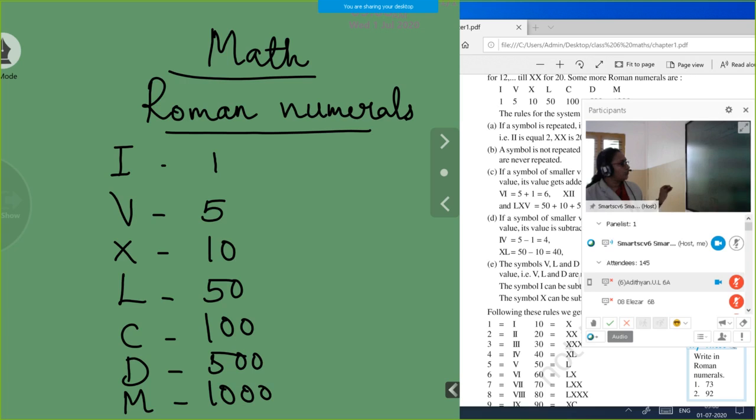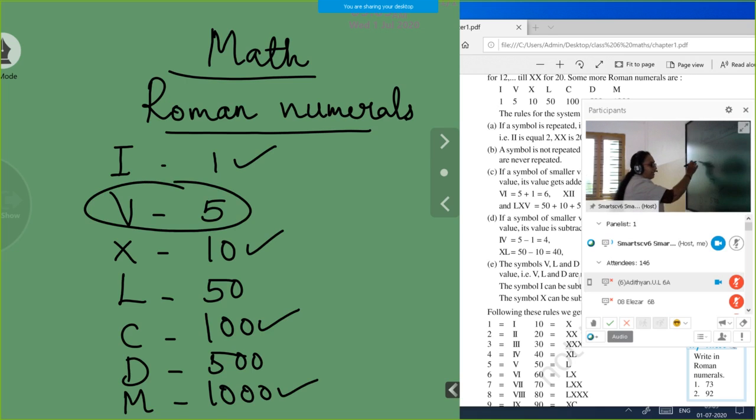Also, the teacher told you we can repeat some Roman numbers up to 3 times. Which are the numbers? I we can repeat, X we can repeat, C we can repeat, and M we can repeat. These we can repeat up to 3 times. But see this one: V 5, L 50, D 500.